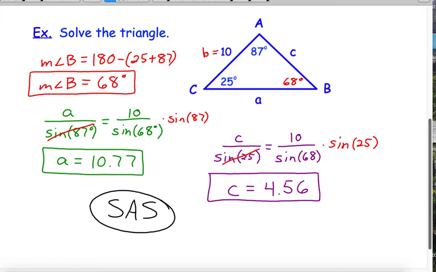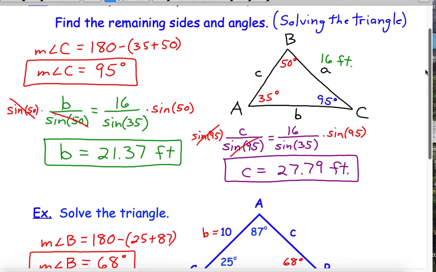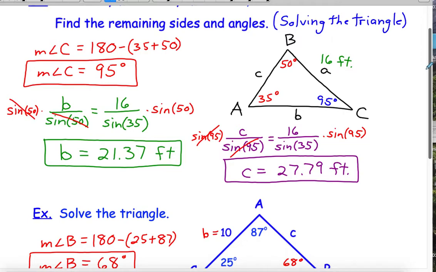In the previous example, we were given 2 angles and then the side not between them. We were given the angle, and then side A. But that was also a way of proving 2 triangles congruent.